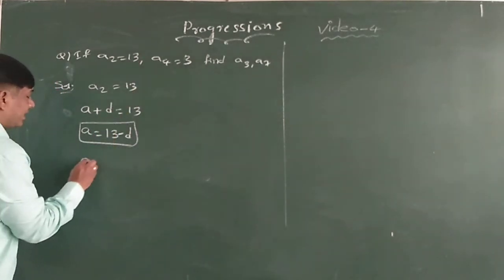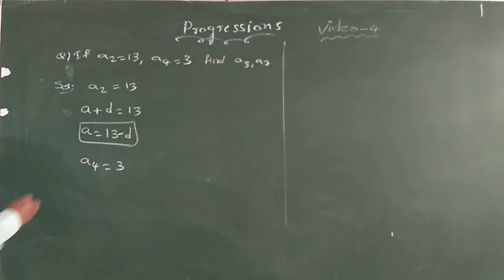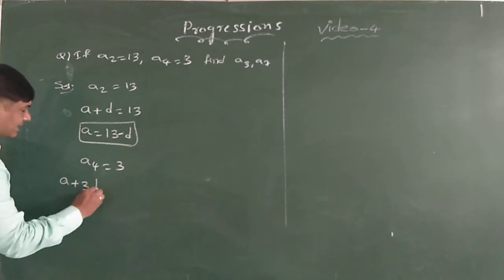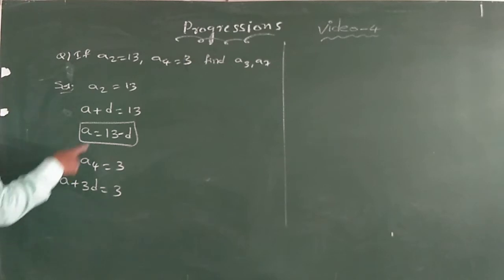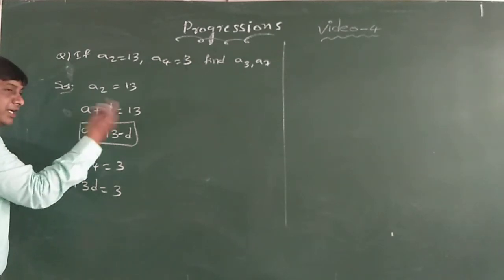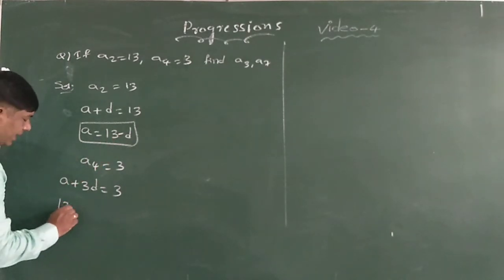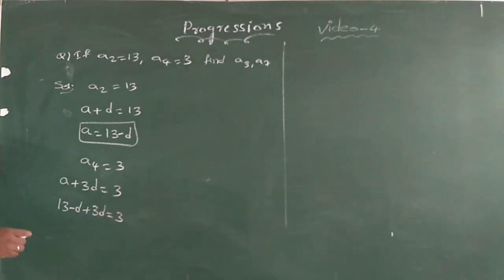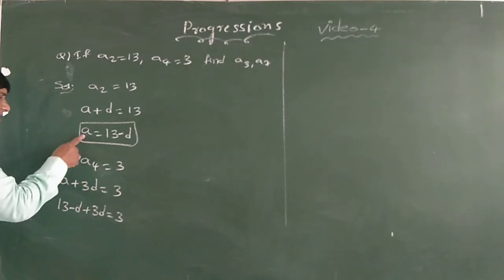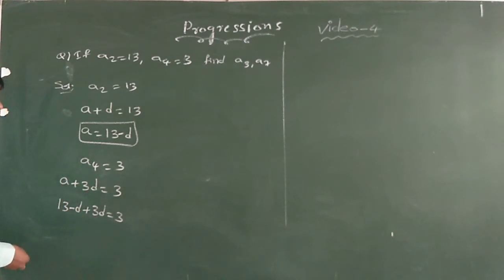Next, what they given here? A4 is equal to 3. A4 can be written as A plus 3D is equal to 3. A, just now I converted in terms of D. A is equal to 13 minus D. Substitute that value here: 13 minus D plus 3D is equal to 3. In the place of A, substitute 13 minus D, plus already 3D is there.